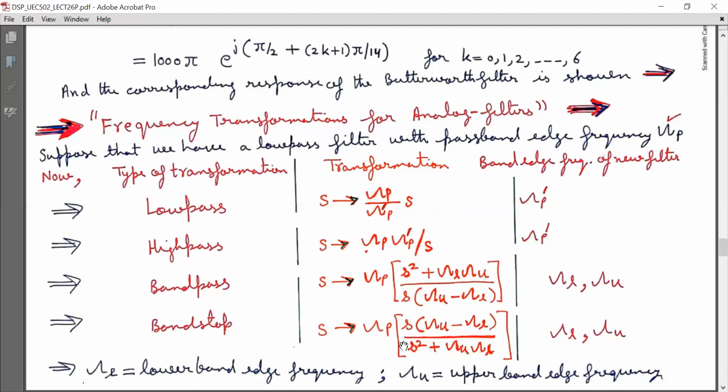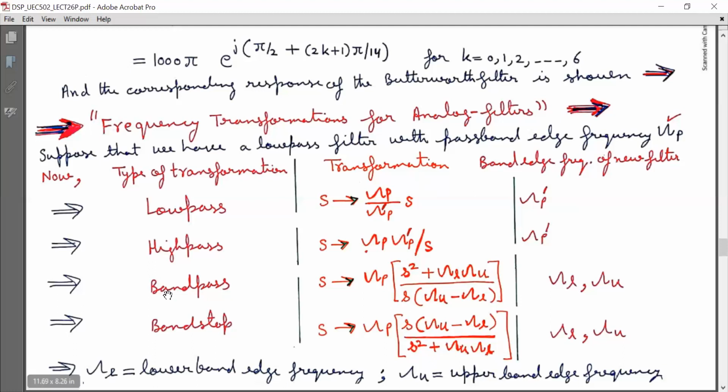The new system function H(s) of the band stop filter will have lower band edge frequency at omega L and upper band edge frequency at omega U.